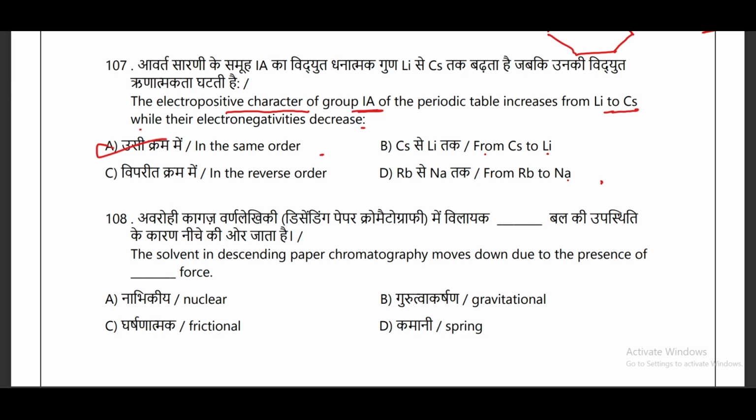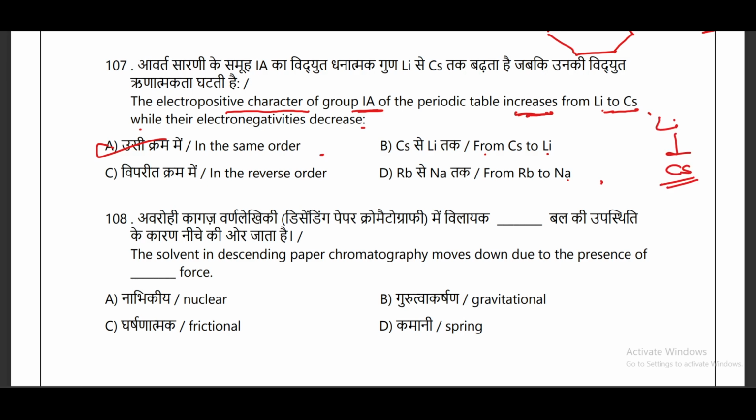So the electropositive character of group 1A of the periodic table, obviously it increases from lithium to cesium. But its electronegativity will decrease in the same order. The electropositive character increases as you move down the group in the case of alkali metals, from lithium to cesium.